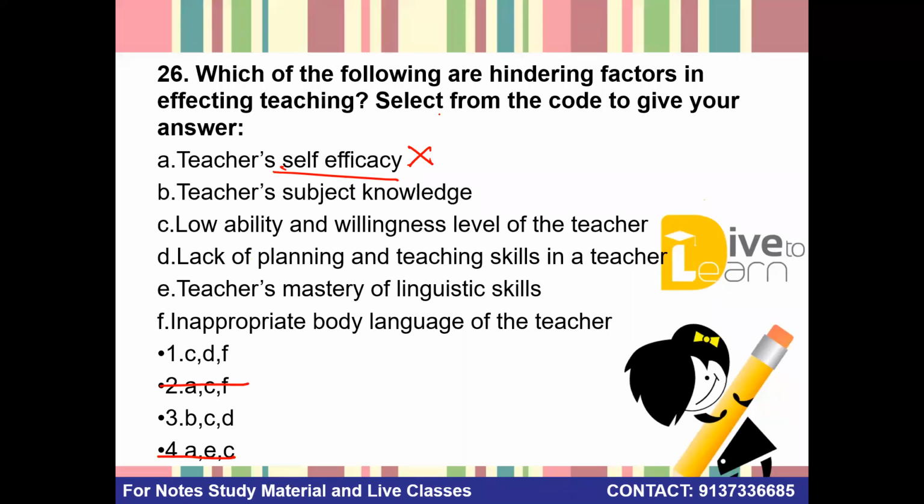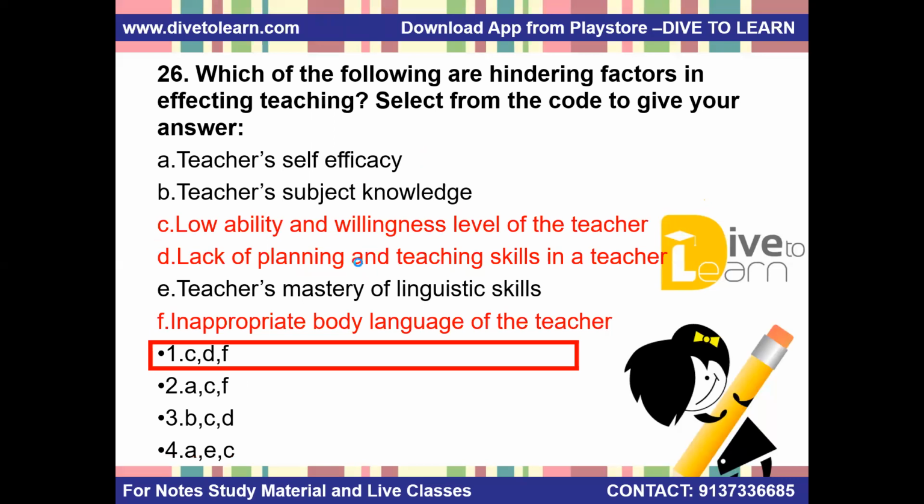This makes me choose between two options. So first and third. So a multiple choice question gets easy if we are going by the elimination method. First is C. Low ability and willingness level of the teacher. D. Lack of planning and teaching skills in a teacher. Yes, and inappropriate body language of the teacher. Relatively easy question. We all got it right.